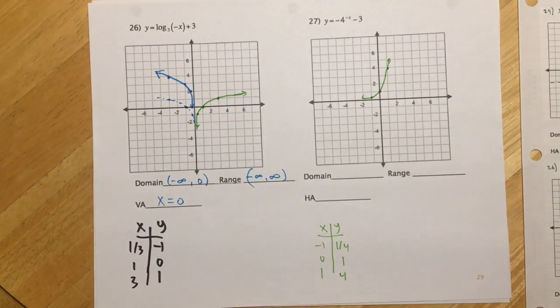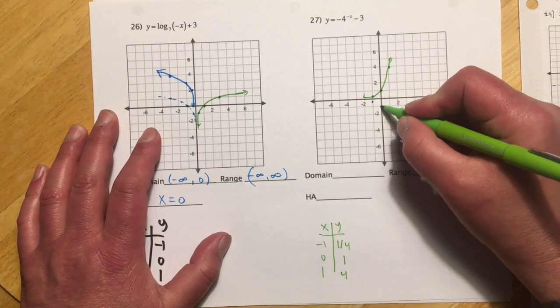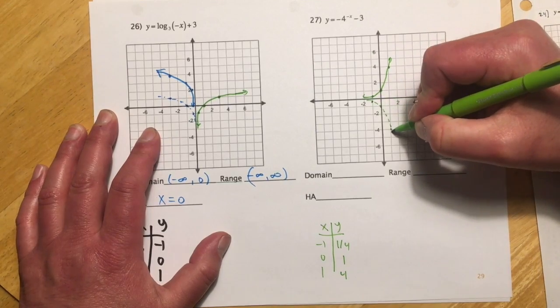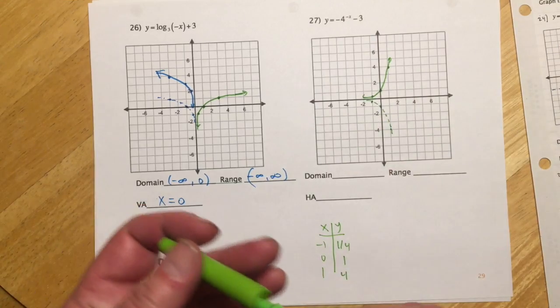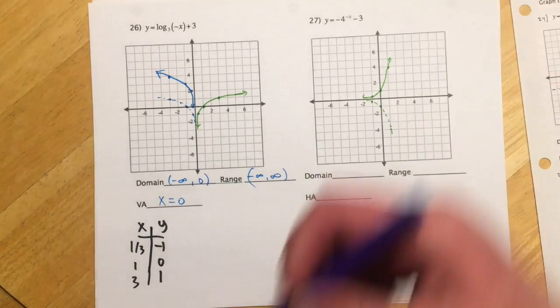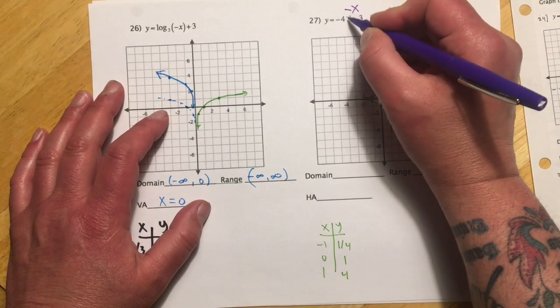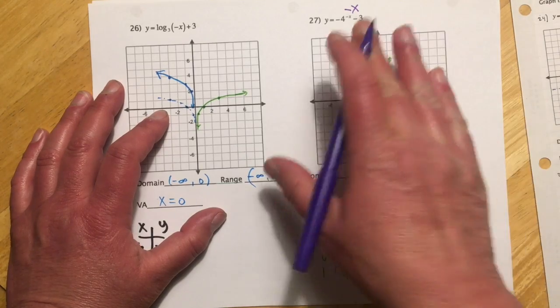And this one is going to be reflected down, so I'll go ahead and draw that piece. And then it's also reflected across. So I'll go ahead and draw that piece. There's, I don't know if you can see it up in there, but there's a little negative x in the exponent. So that's going to reflect it this way.